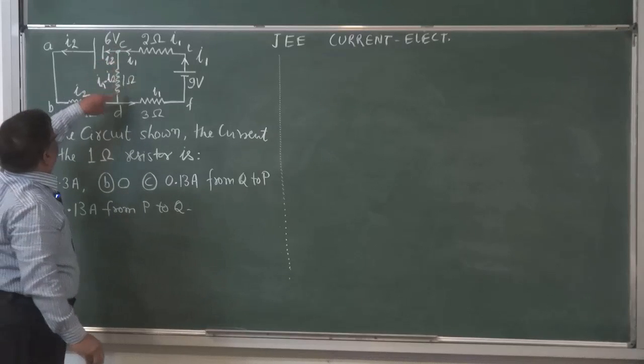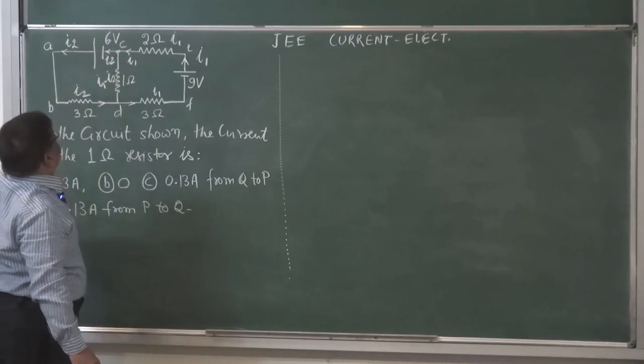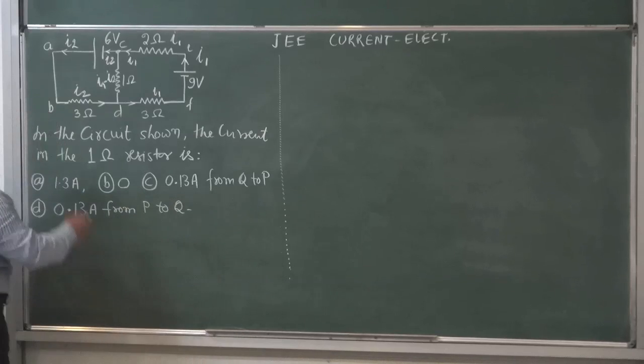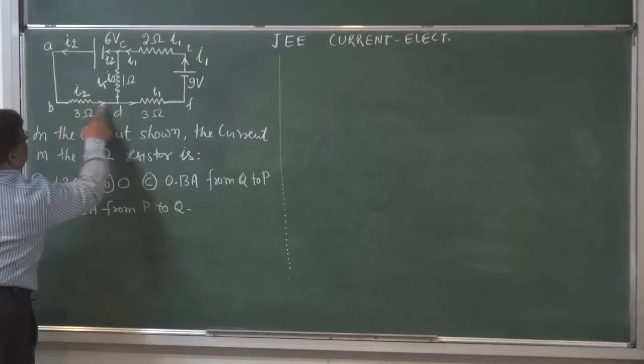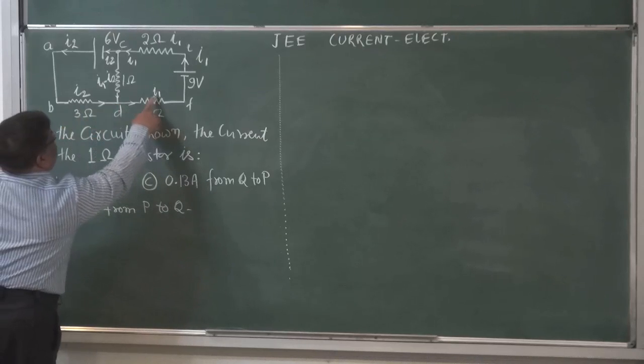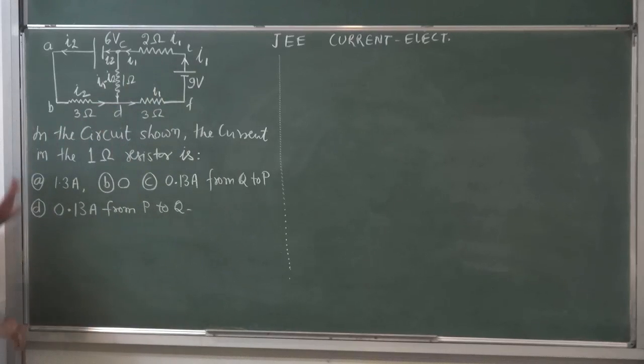I1 minus I2 goes here, I2 goes here. This I1 minus I2 reaches here, I2 combines, and again it becomes I1. So this distribution of current is complete.